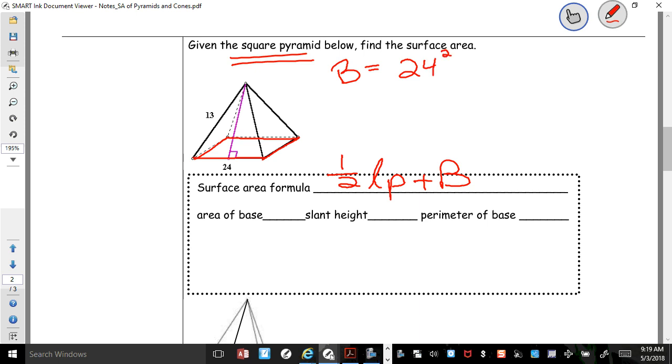What's 24 squared? 576? Glory said 570. You were 6 off. Good job, Glory. 576. Now, let's write that down here. 576.